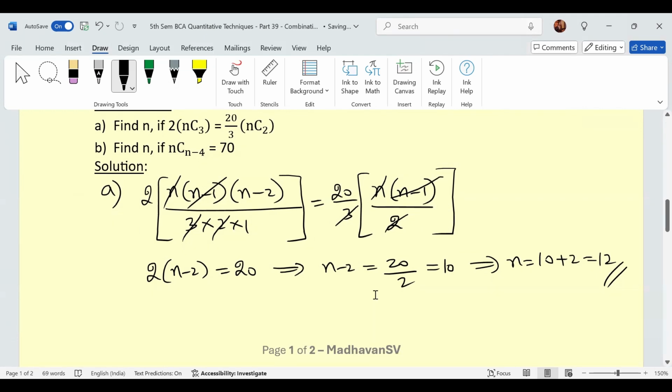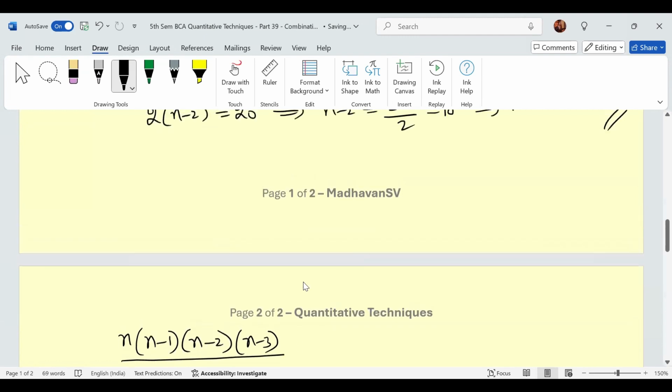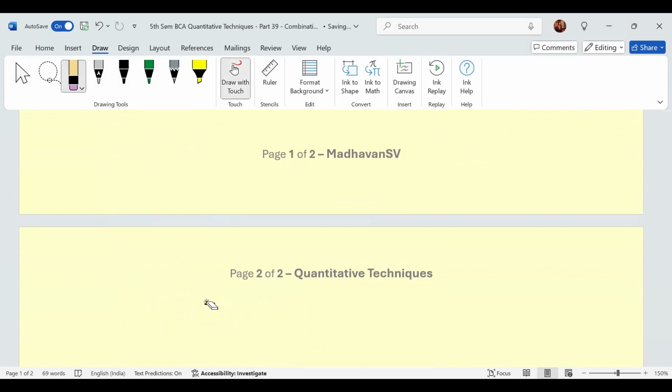nC(n minus 4) is equal to 70. Let me first write it down in a proper way.